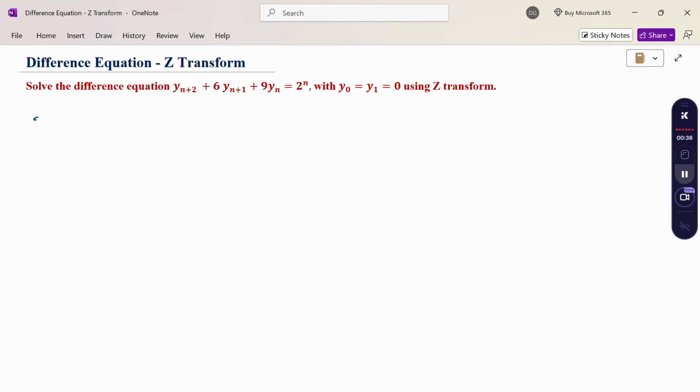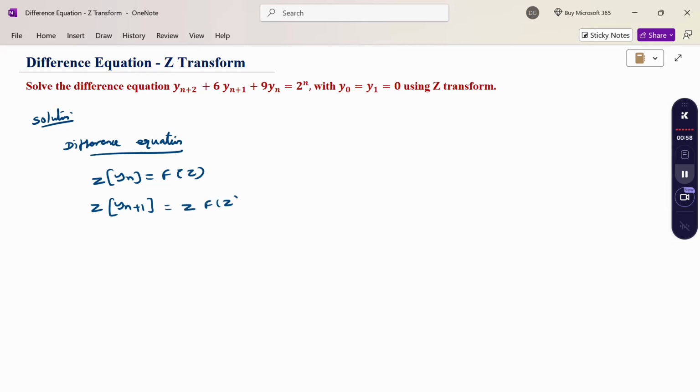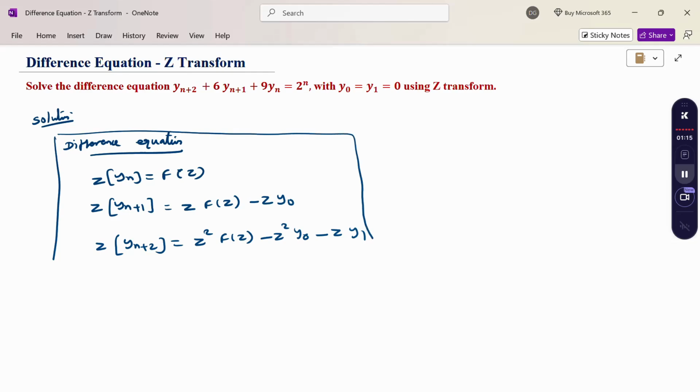The difference equation form is: Z of y(n) is F(z), Z of y(n+1) is z F(z) minus z y(0), Z of y(n+2) is z squared F(z) minus z squared y(0) minus z y(1). So this is the form of the difference equation.